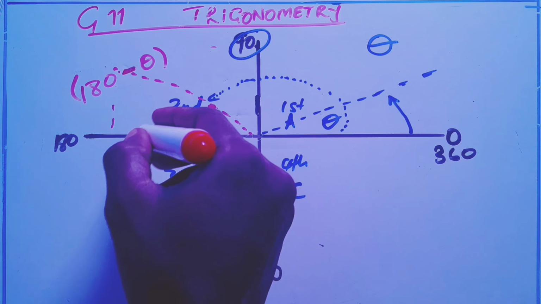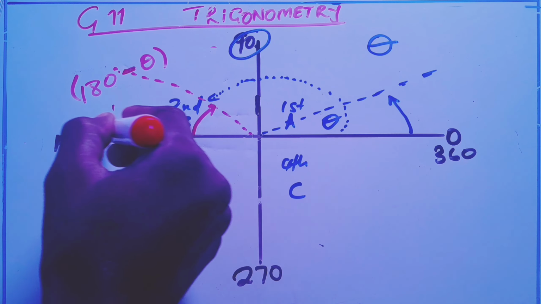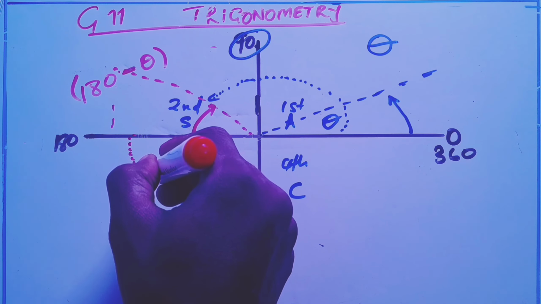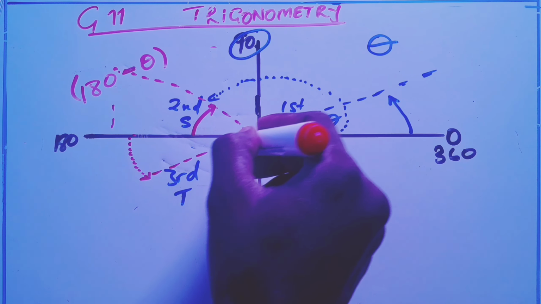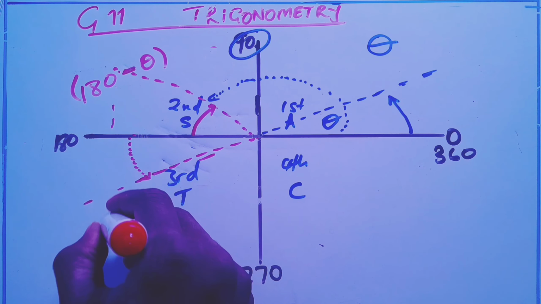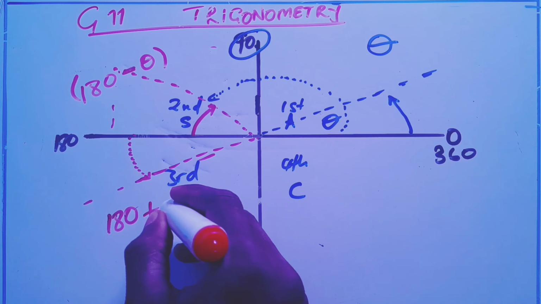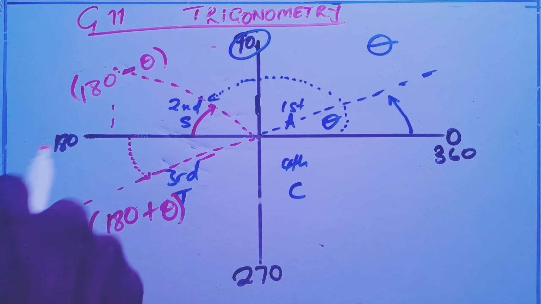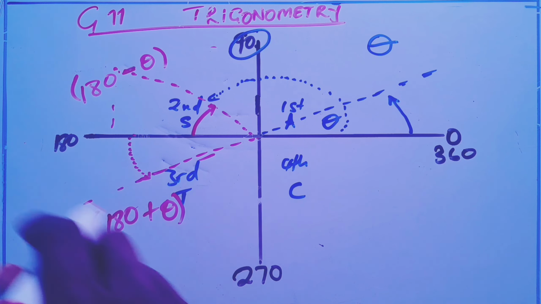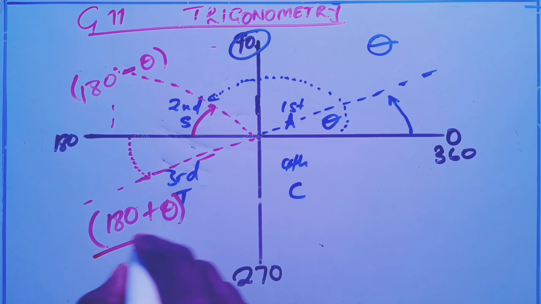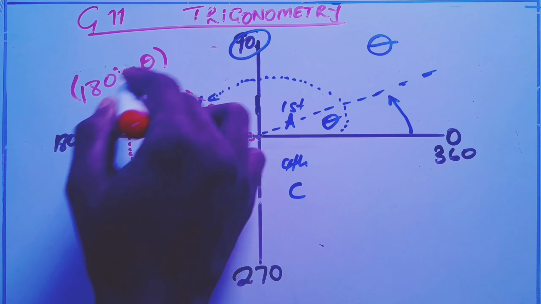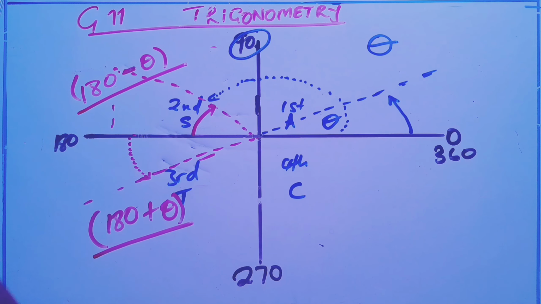And then in the third quadrant, now that we've passed this 180 line going to the third quadrant, any angle in the third quadrant will be 180 plus theta, because angles in the third quadrant are bigger than 180, right? They're bigger than 180, so we can use 180 plus. And angles in the second quadrant are smaller than 180, so that's why 180 minus.